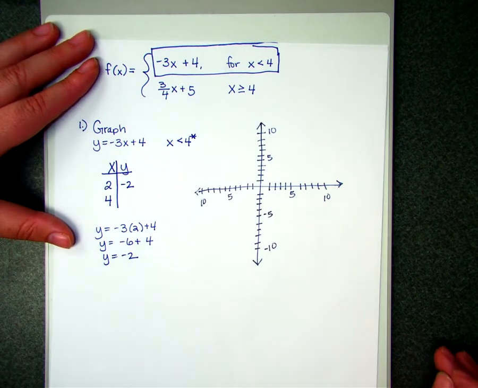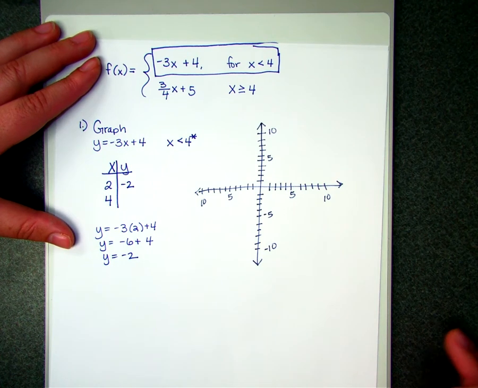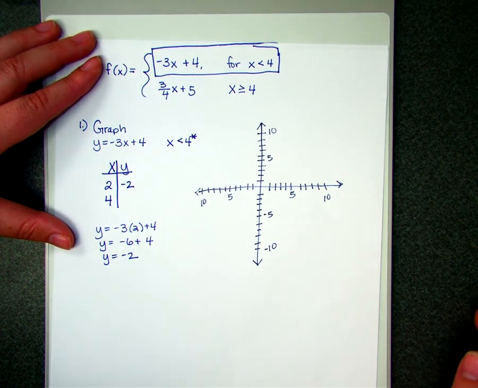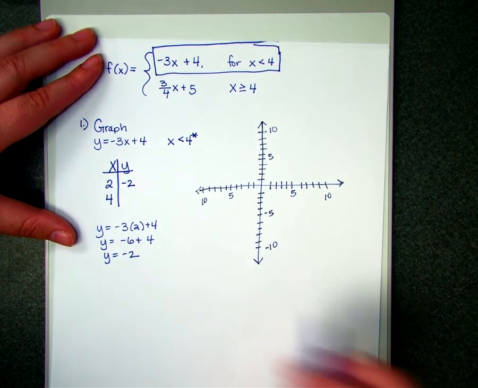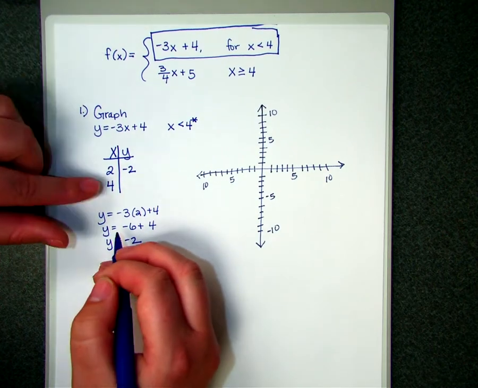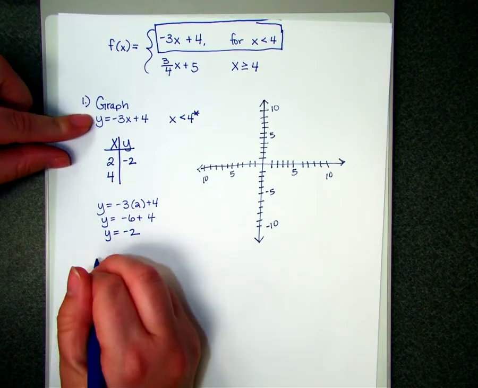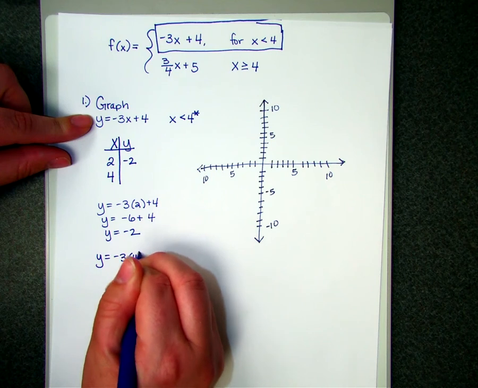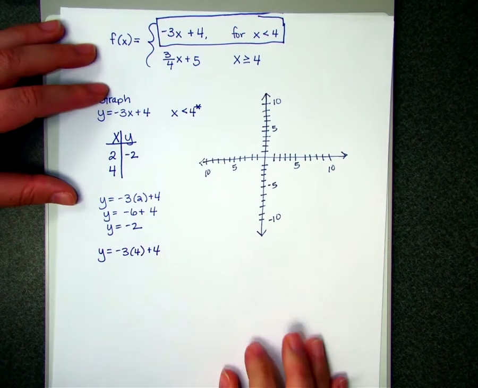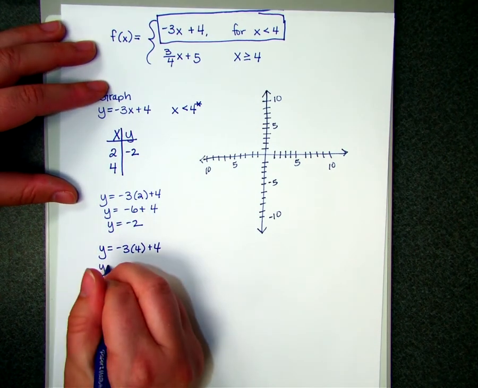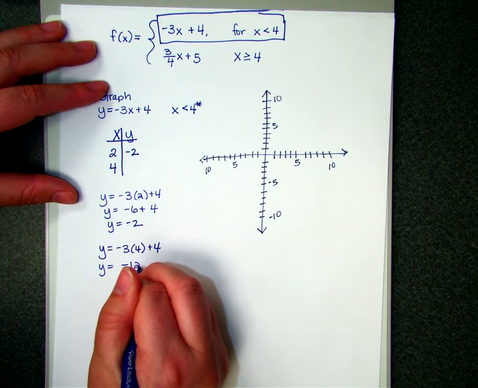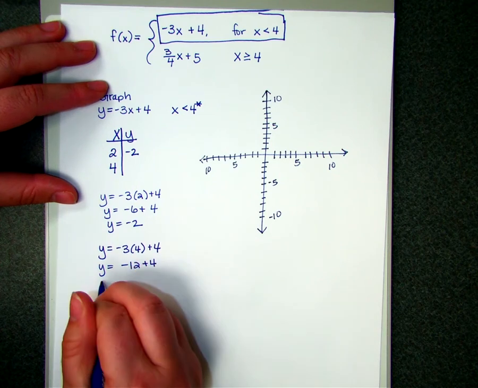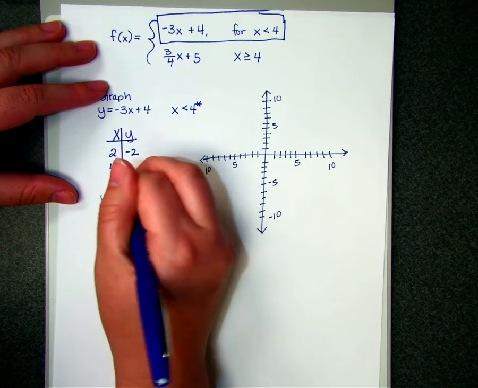But we still choose this boundary point so we can see what is happening up till we get to the point of x equals 4. So now place the value of your boundary, in this case it's 4, into your equation and solve for y. I have y equals negative 12 plus 4, or y is equal to negative 8.